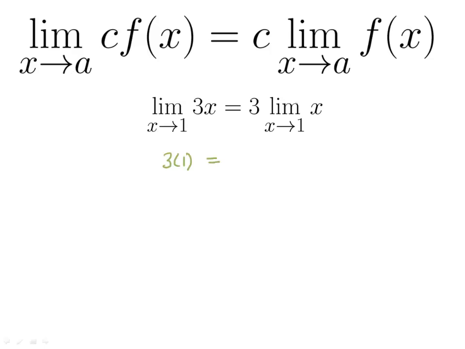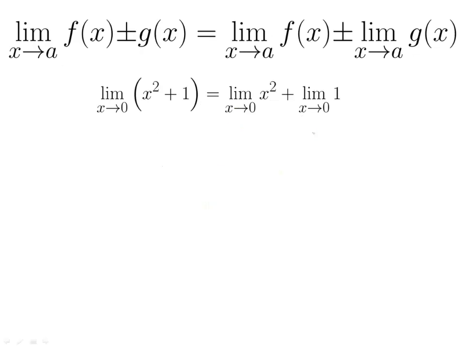And then on the right side, we leave the 3 out top, and plugging in 1, we'll see that it's the same. It's 3 and 3. So you can pull the constant out of the limit and then take the limit, which might make things a little bit simpler.